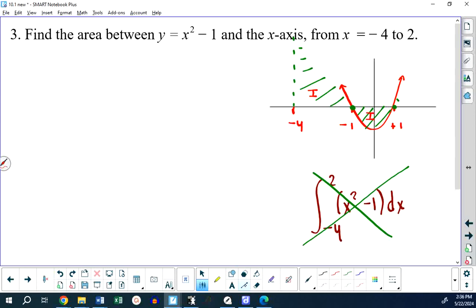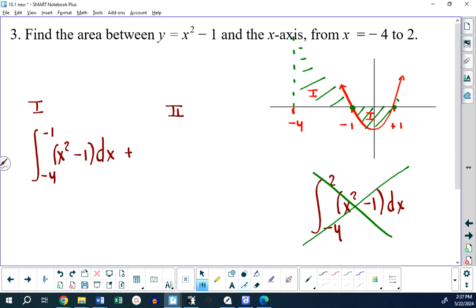How do I find area 1? Well, area 1 will be the integral from negative 4 to negative 1 of x squared minus 1 dx. That will be that area. Because the function is above the x-axis there, I have that rule from yesterday. Area 2, so I need to add area 2.